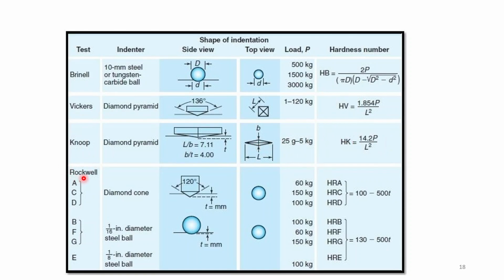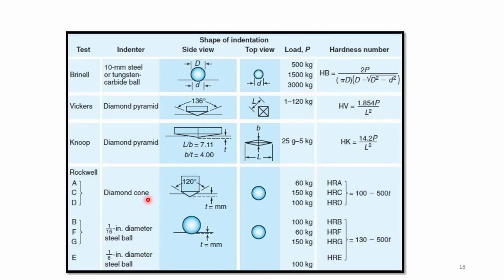In case of Rockwell hardness, you have various scales, and based on those you have three types of indenters. You can have a diamond cone with a 120-degree angle, and you can have a 1/16-inch diameter steel ball, or you can have a 1/8-inch diameter steel ball.